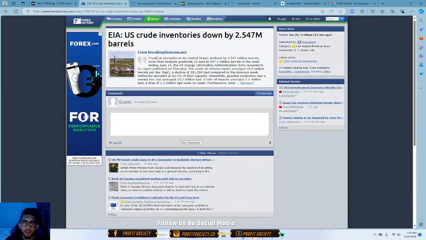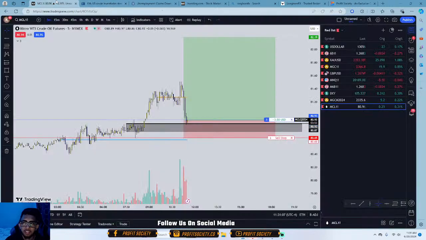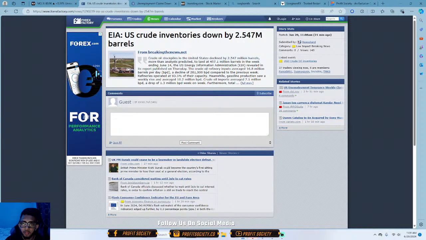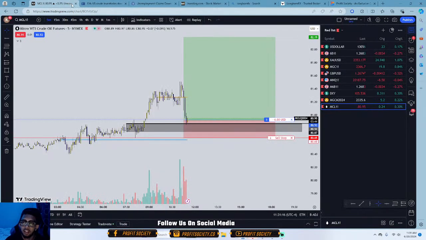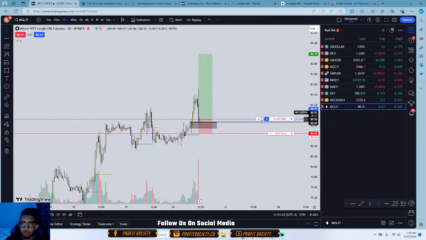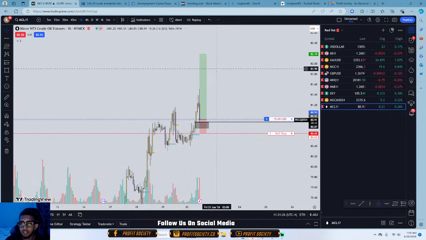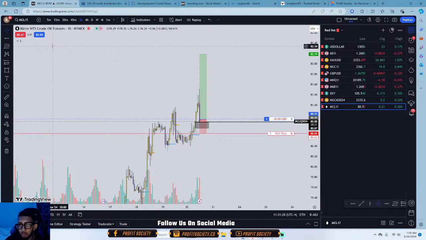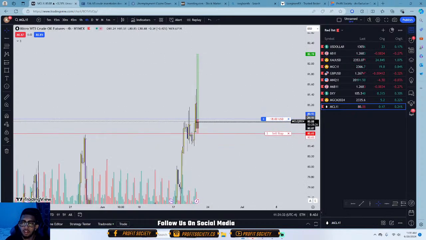Understand why, right? The stockpiles of crude oil declined. That means there's less supply, and if production of gasoline increases with less supply, you know what's going to happen to the price of oil? Oil is going to continue going up. Obviously, there is a possibility that it doesn't react right now, and oil could retrace a little bit lower.